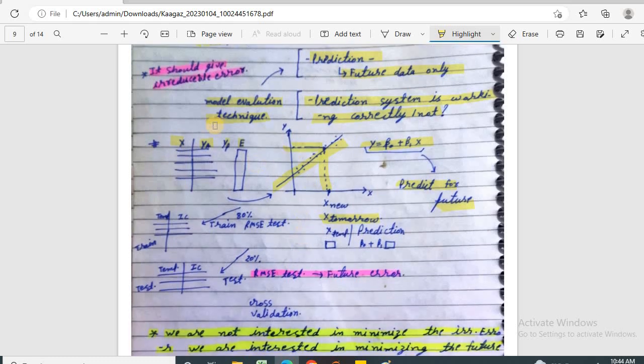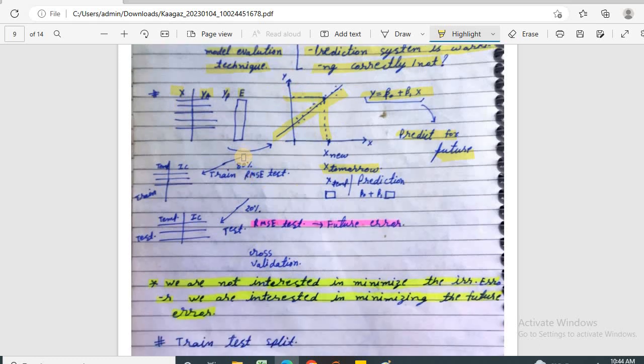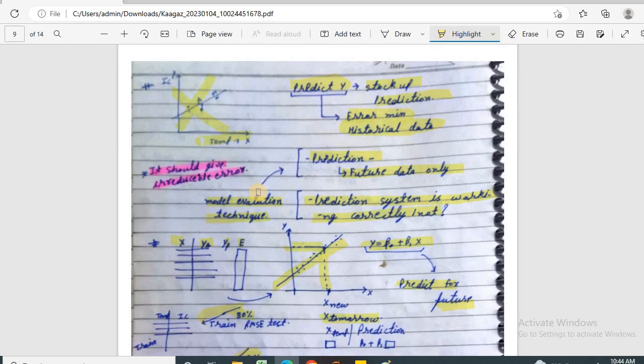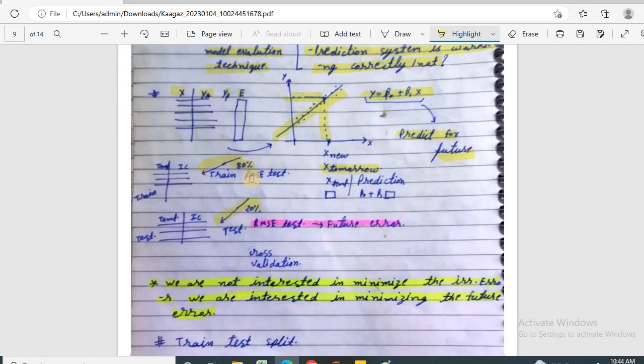For evaluating our model, we will divide our data into two parts: train, generally 80%, and test, that is 20%. Our target is not to reduce this train RMSE.